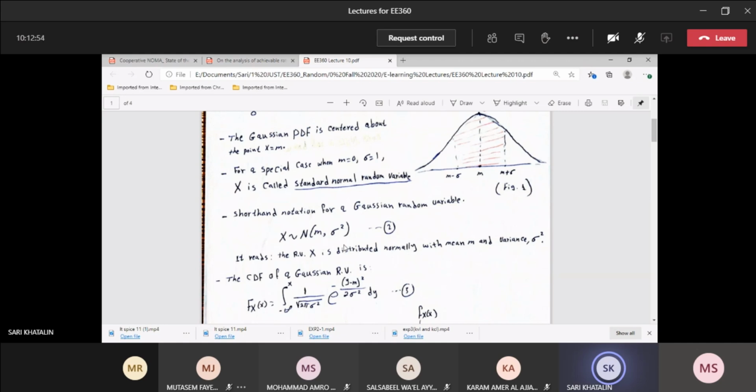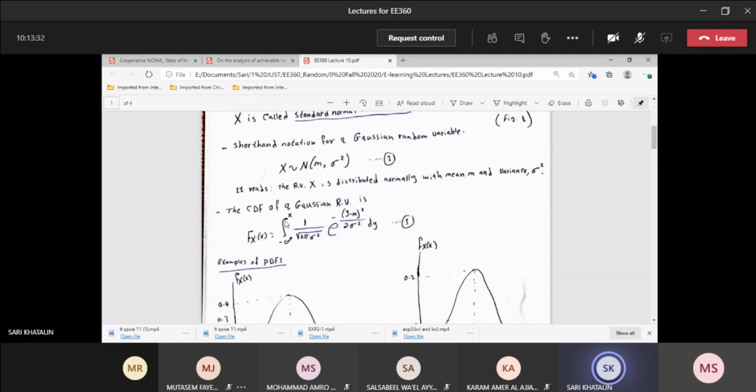In our notes we are using m instead of mu. So if a problem gives this notation, x with m and sigma squared, where m is, for example, 1 or 2 and sigma squared is a number, then without saying it is Gaussian, you should know this notation means it's a Gaussian distribution or Gaussian random variable.